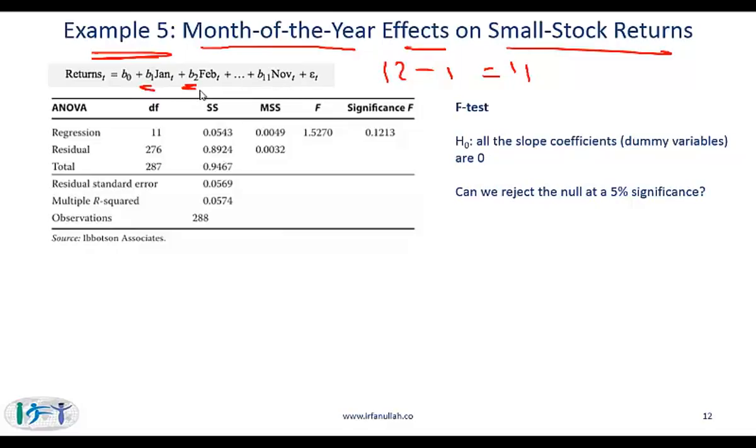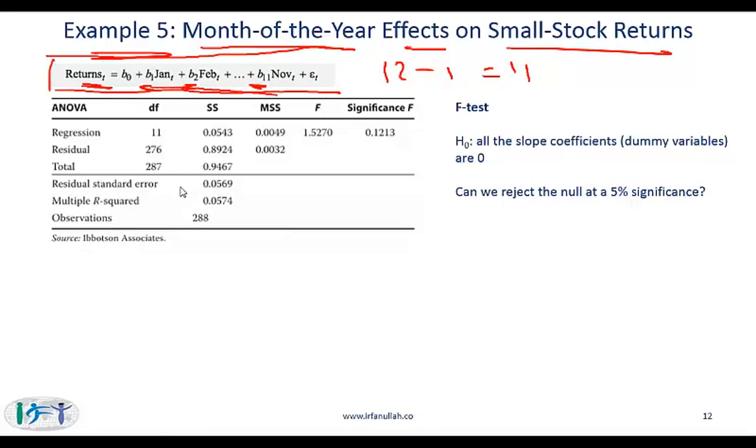When B2 is 1, then it means it's Feb and all other variables are 0. How will you know that it's December? If all these B1, B2, etc. up to B11 are 0, then you automatically know that it's December, right? So that is how we are setting up this regression equation. So the returns for a given period T are then expressed like this.